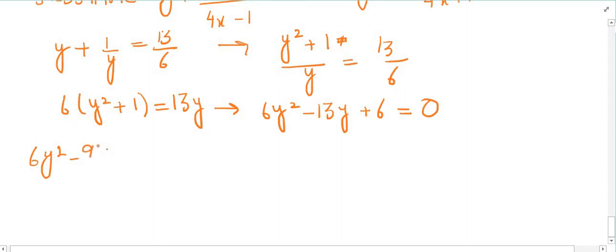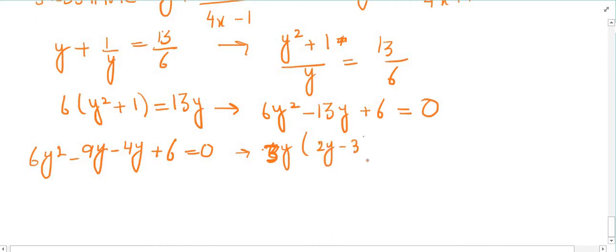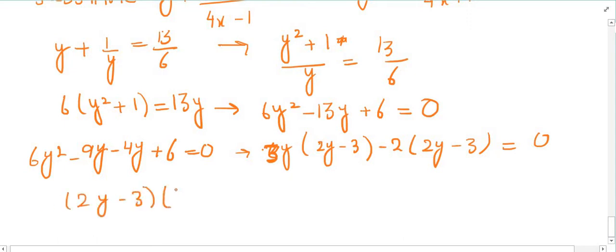Roots are minus 9y minus 4y plus 6 equals 0. 6y, this becomes, no, not 6y, it is 2y. 3y, this becomes 2y minus 3, and 3y minus 2 equals 0.